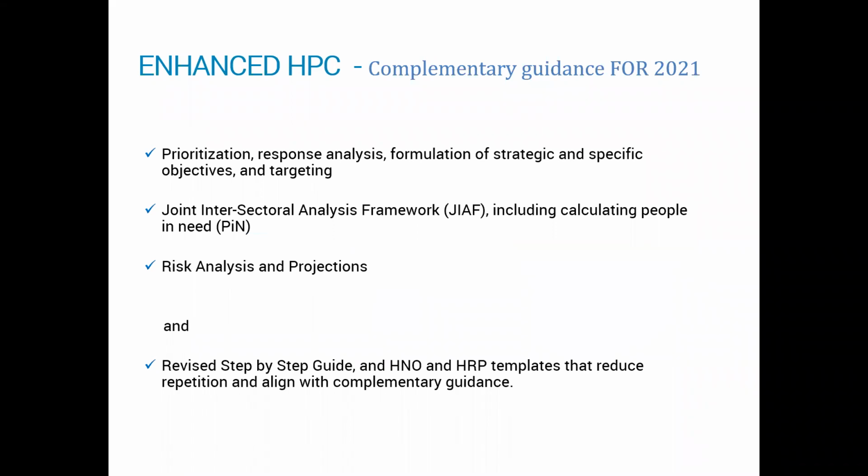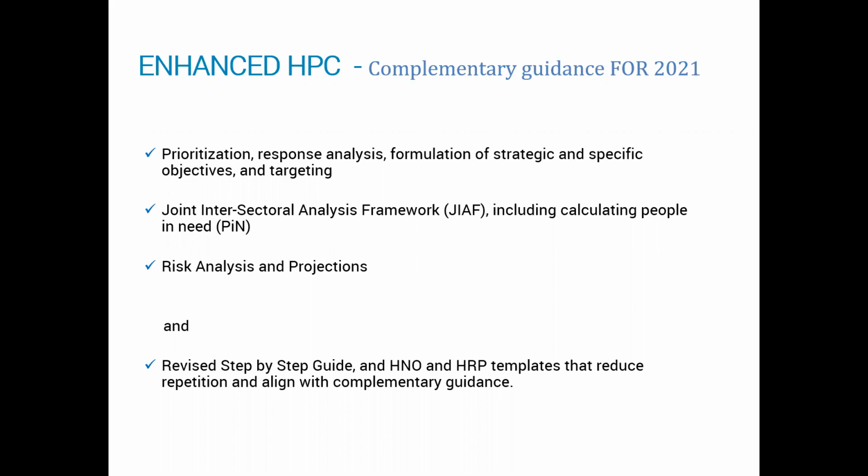We've heard a lot about the JIAF and some guidance we've been working on. This year we worked on formalizing and putting on paper the joint intersectoral analysis framework. I doubt that many of you had the time and energy to go through the whole document that was shared a couple of weeks ago.